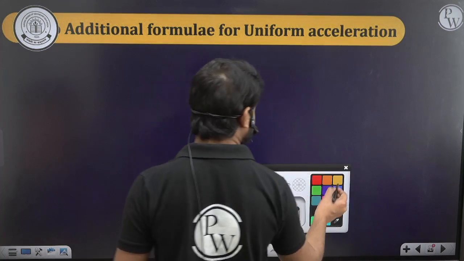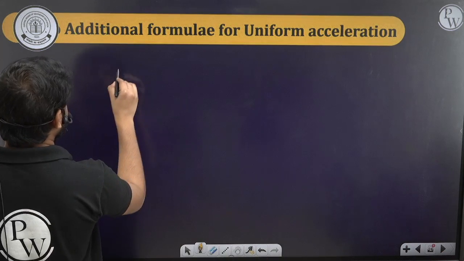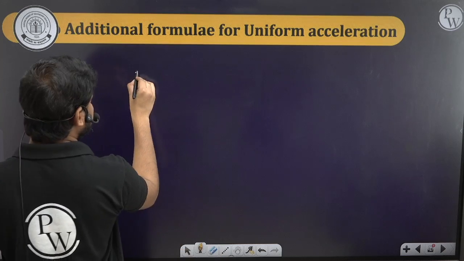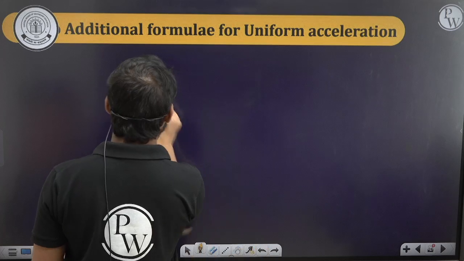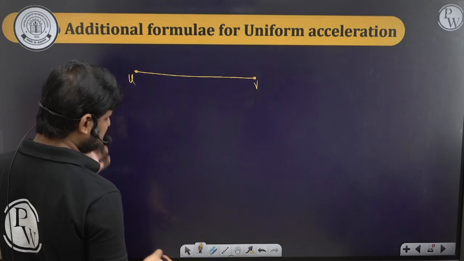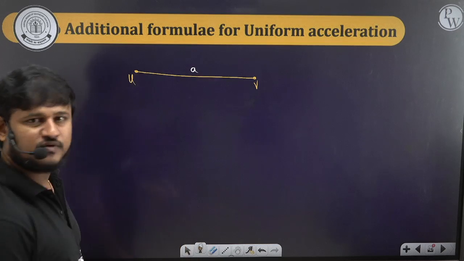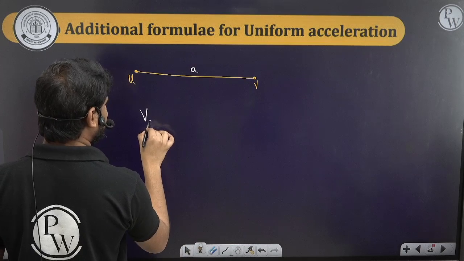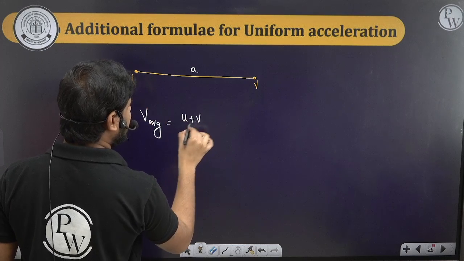Now, there are some additional formulas for uniform acceleration. So we know that, let's suppose a body has initial velocity U, final velocity V, and it's moving with a uniform acceleration A. Then the average velocity, V average, is equal to U plus V by 2.